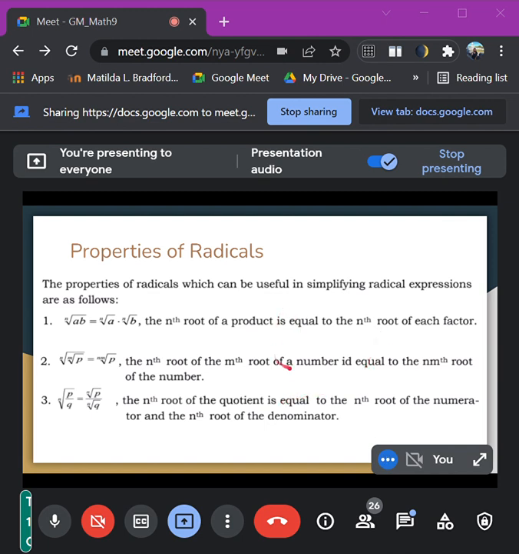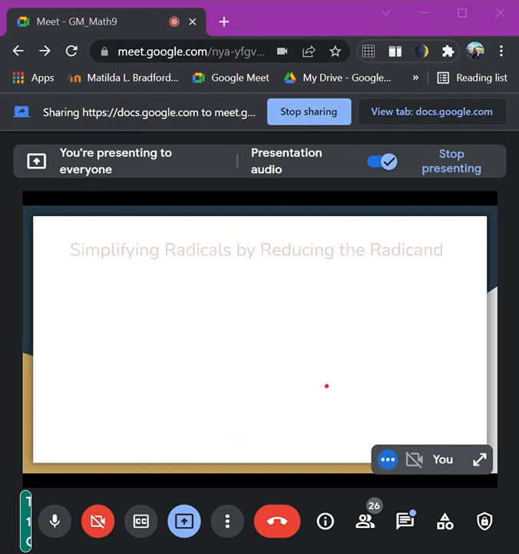Okay? So now this is the time that we're going to simplify. In simplifying radicals, class, there are 3 ways to solve it. First is reducing the radicand. We also have reducing the order of radicals. And the last one is rationalizing denominators.